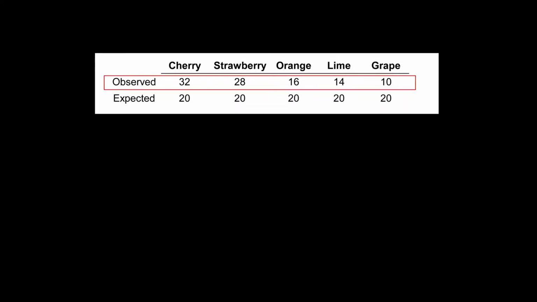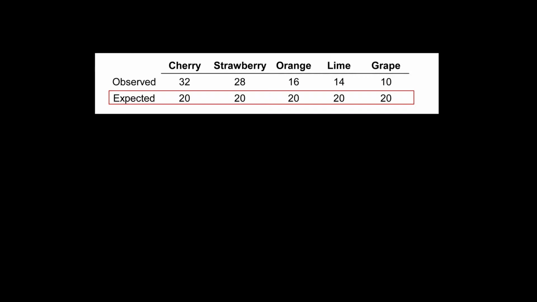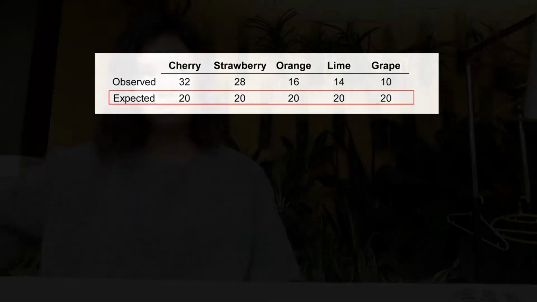So, observed: 32 for cherry, strawberry is 28, orange is 16, lime 14, and grape is 10. Expected is 20 for cherry, 20 for strawberry, 20 for orange, 20 for lime, and 20 for grape.